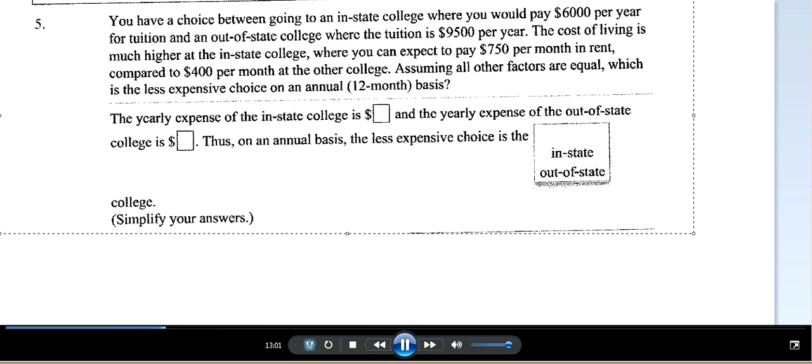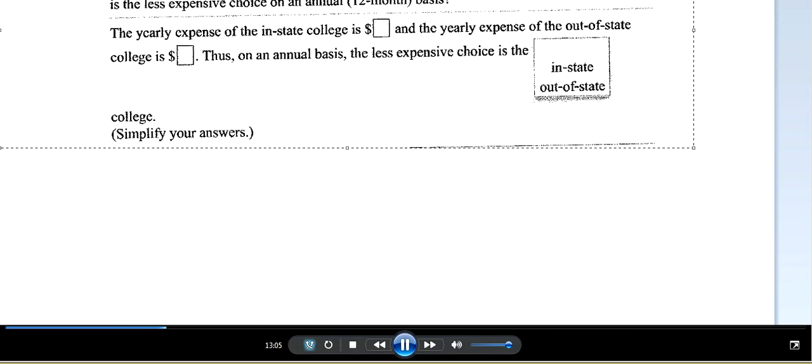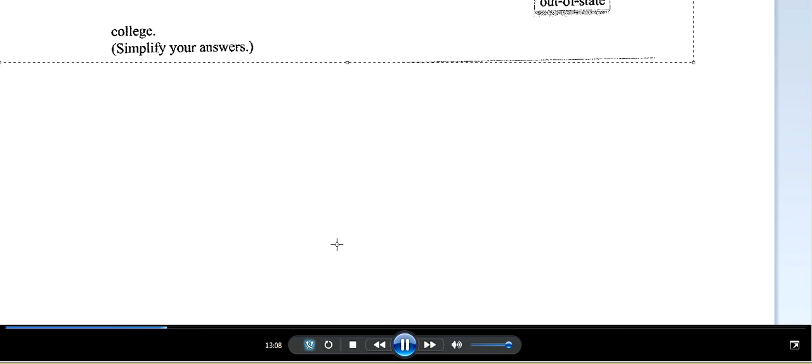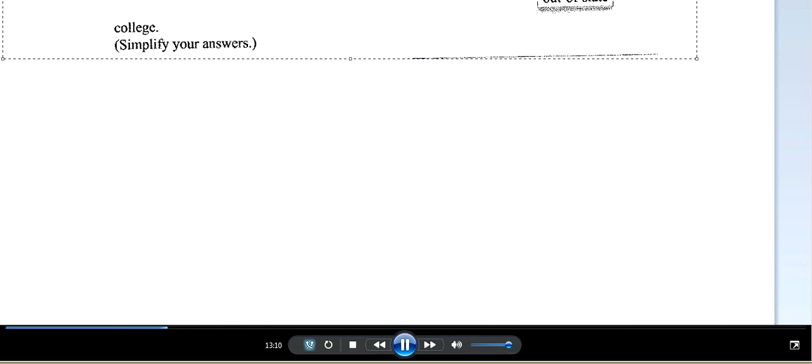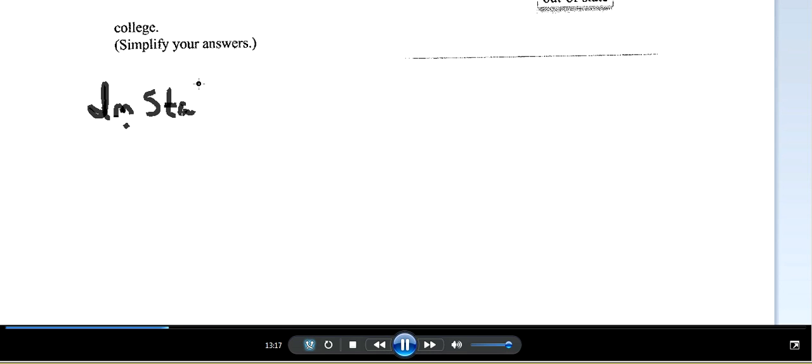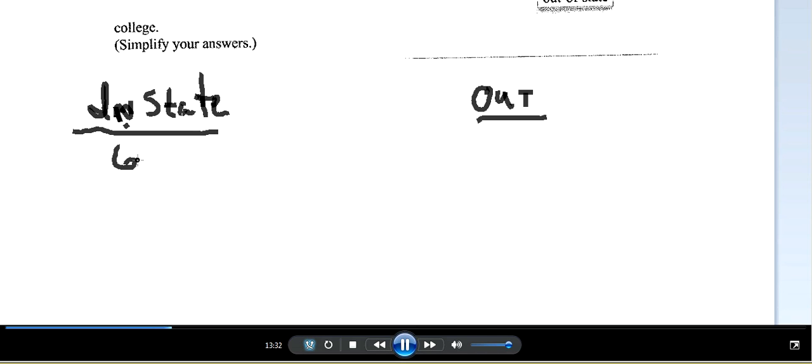Okay, so let's draw a little chart here maybe to help us figure this out. So we've got the in-state, and out. Okay, so the in-state we had $6,000.